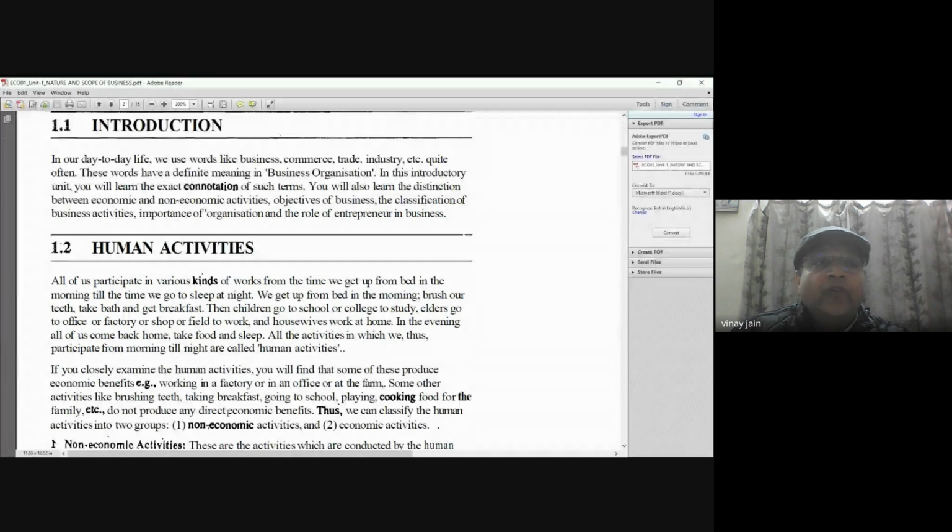In this introductory unit, you'll learn the exact connotation, meaning the definition, of such terms. You will also learn the distinction between economic and non-economic activities, the objectives of business, the classification of business activities, the importance of organization and the role of the entrepreneur in business.